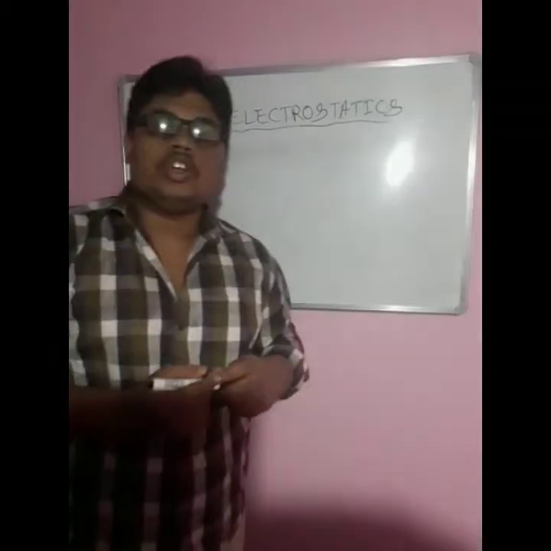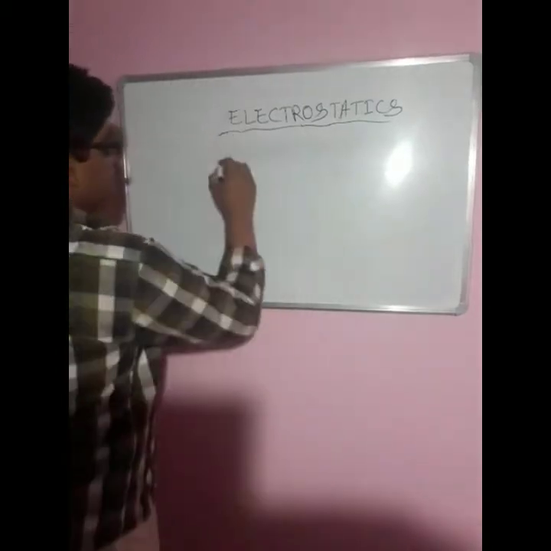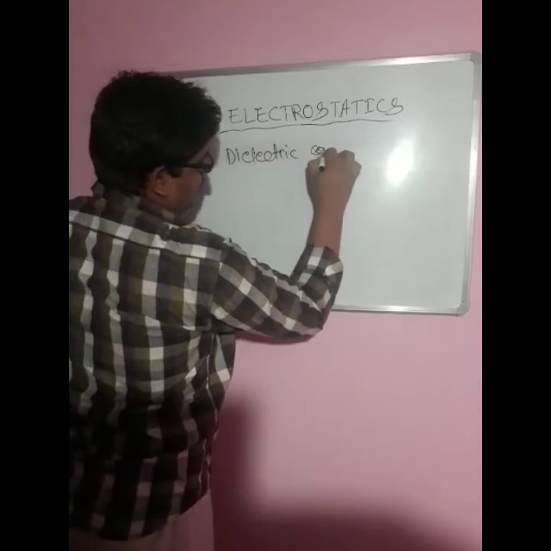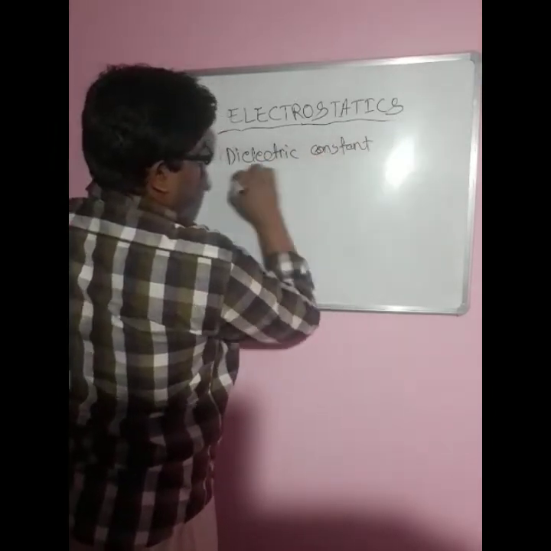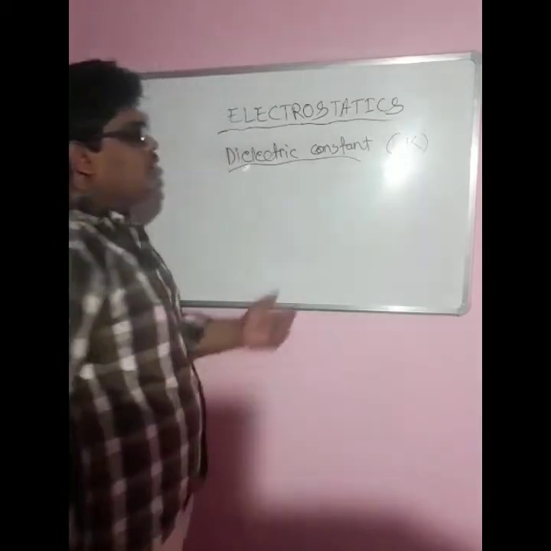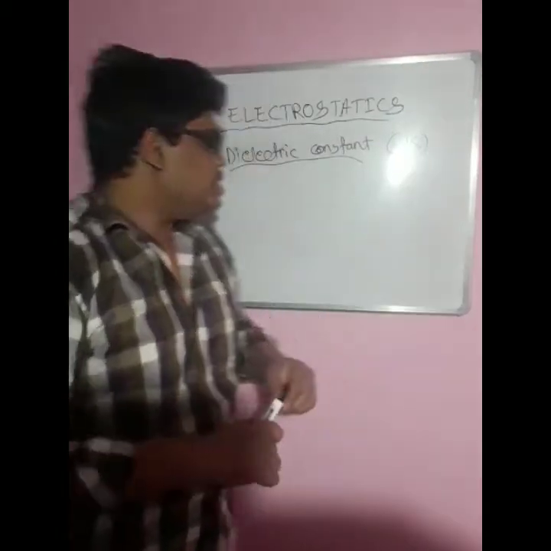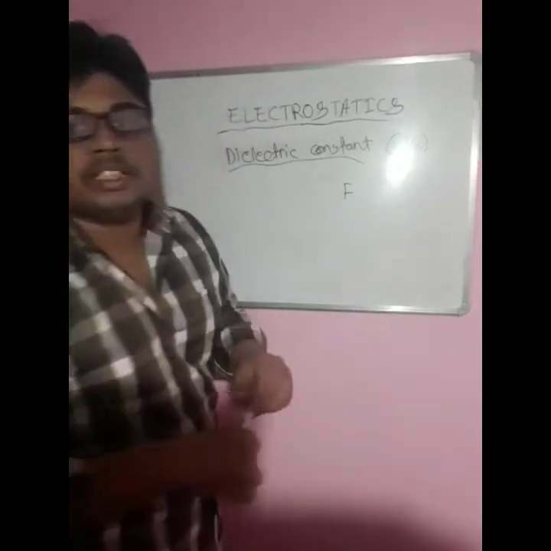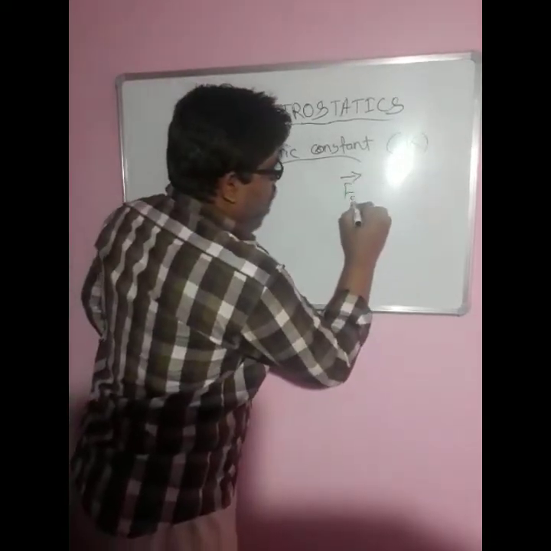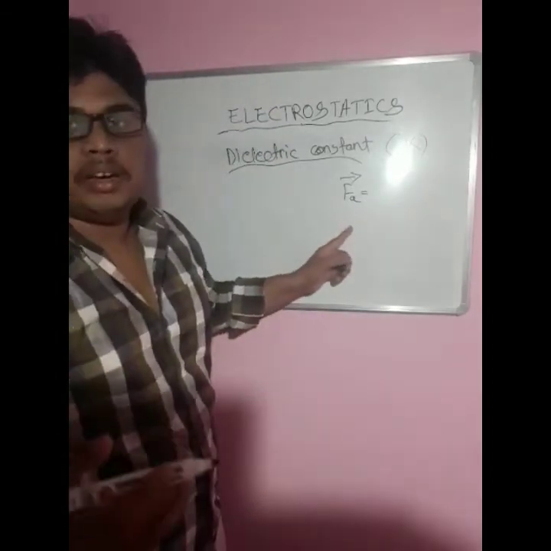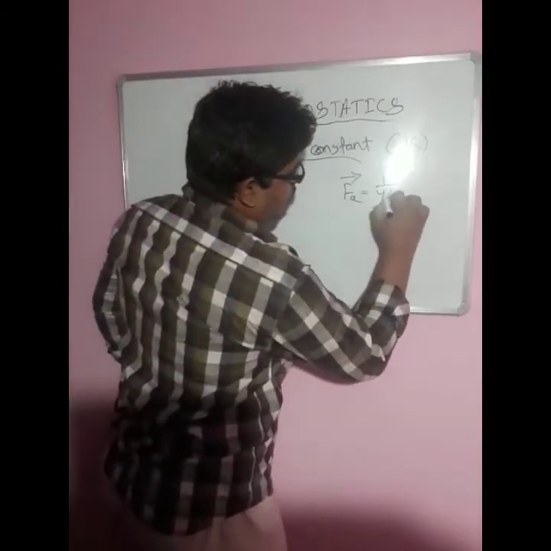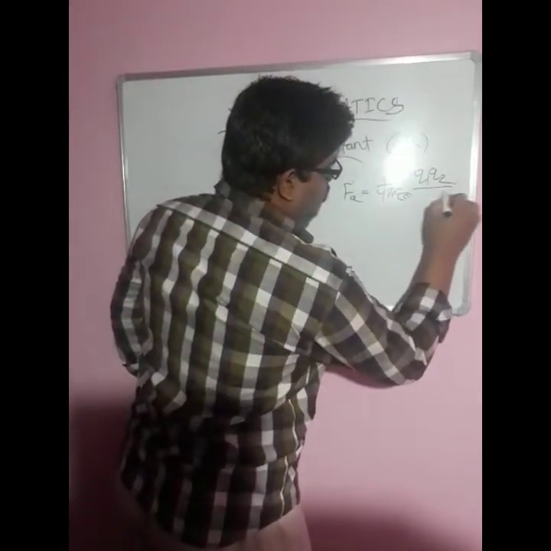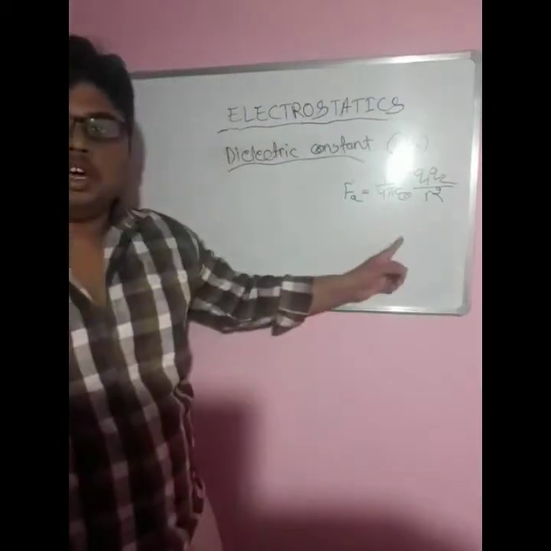Similarly, we discuss dielectric constant, which can be denoted by K. We already discussed in the previous class the force in air, that is free space: 1 by 4 pi epsilon 0 Q1 Q2 by R square in magnitude.